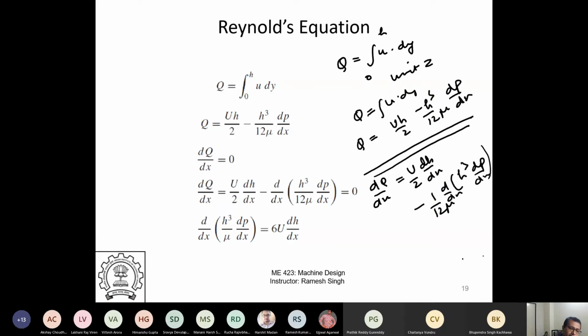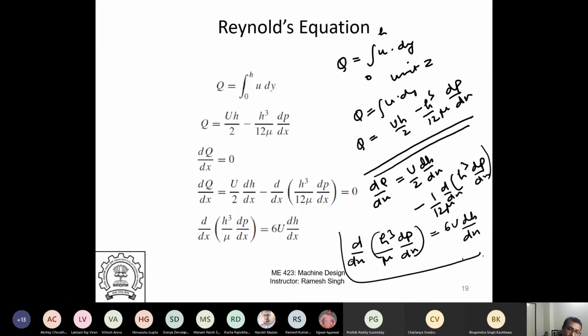If I solve it, I will get d/dx of h cube by mu dp/dx, and mu is constant so you don't have to worry about it, equal to 6U dh/dx. This is the equation which is called Reynolds equation.